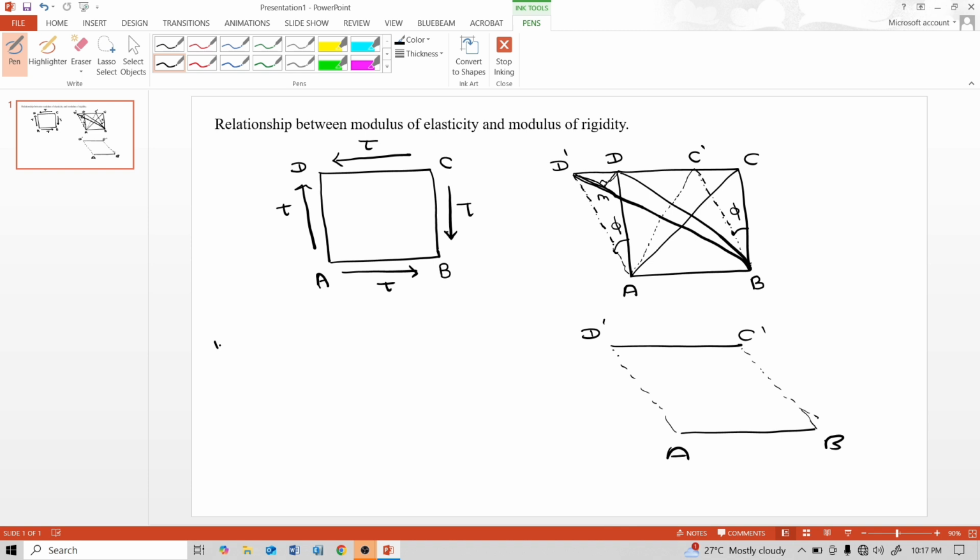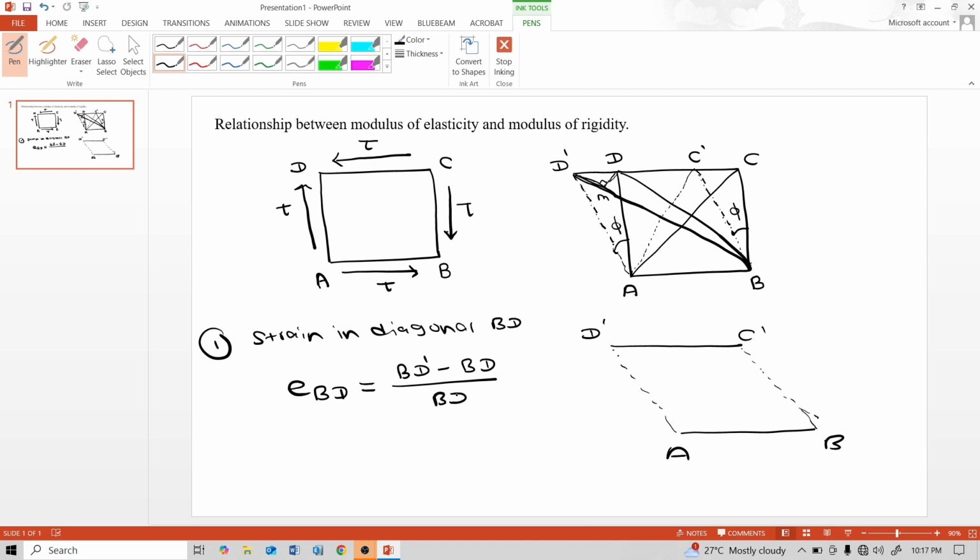So first, strain in diagonal BD is equal to change in length, BD dash minus BD, upon original length BD. The original length of that cube diagonal is BD, and the change in length is BD dash minus BD.